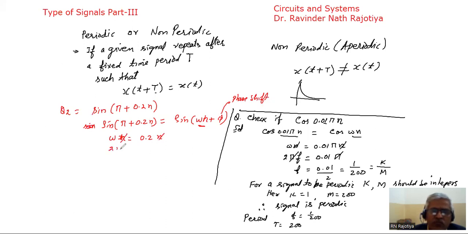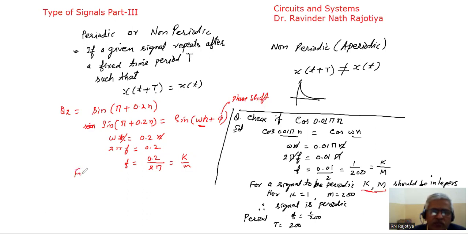So I'll get 2 pi f is equal to 0.2, or f is equal to 0.2 divided by 2 pi, which is of the form k by m. And for the signal to be periodic, I know the condition: both k and m should be integers.